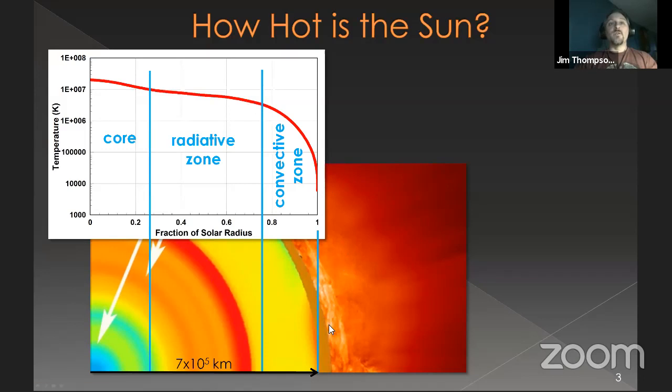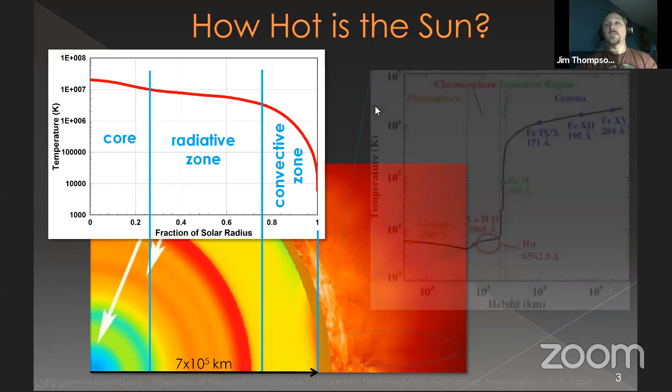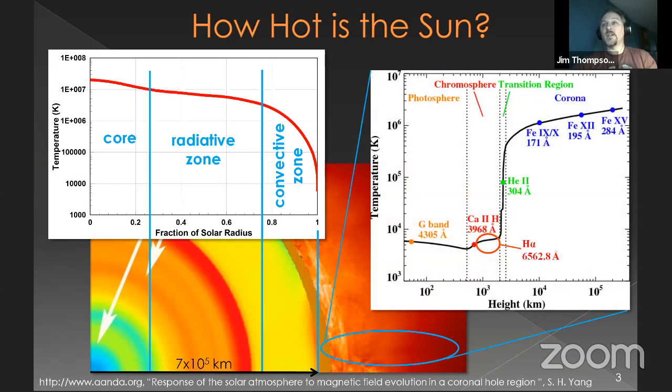So the convective zone brings us out to the part that we see with our eyes, and that's the photosphere at around 6,000 Kelvin. But now if we look outside of that, and this is getting to the question that was posed, what we've been observing today has been in the chromosphere, which is highlighted with the red.